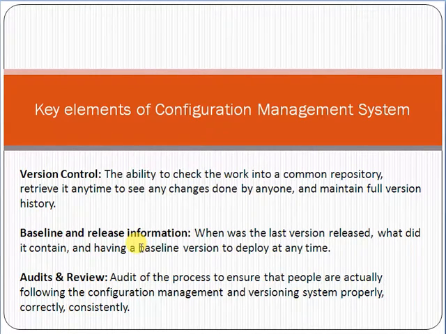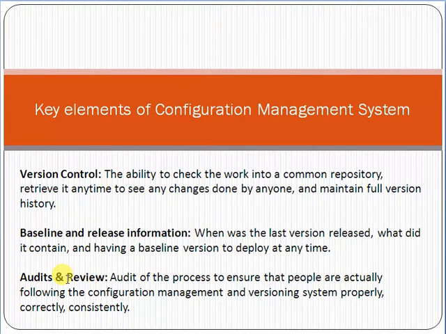So baseline and release information means that when was the last version released, what did it contain, and having a baseline version to deploy at any time. Baseline version means the agreed version which you can measure at some later stage. Next is audits and review. Audit of the person to ensure that people are actually following the configuration management and version system properly, correctly, consistently.